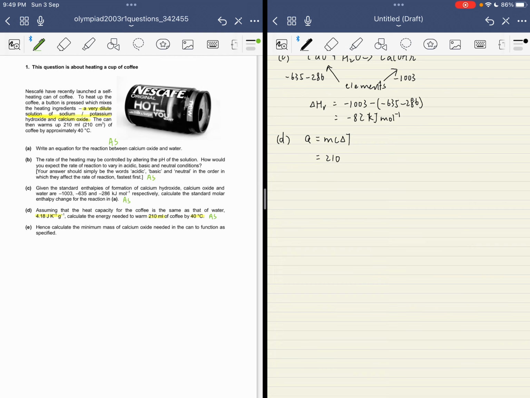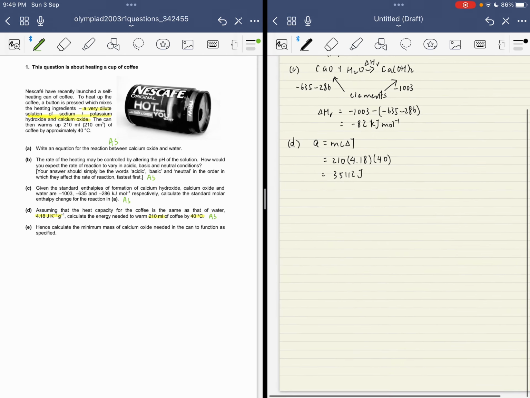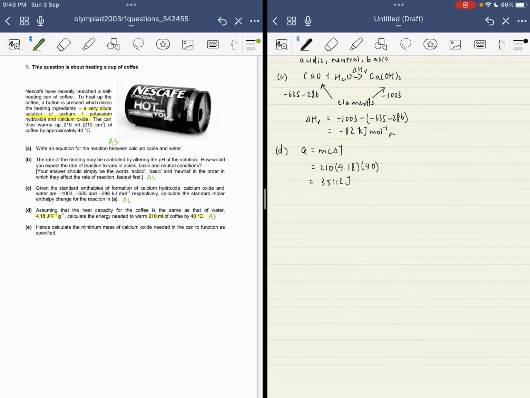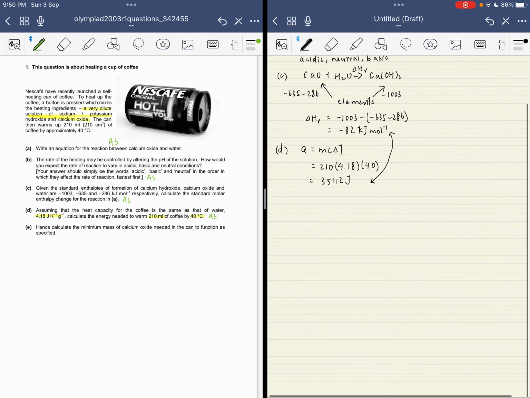So 1 millilitre will be 1 gram, so I will have 2010 grams multiplied by 4.18, then multiplied by the temperature change, which is 40 degrees Celsius. So I will have 35112 joules. Note that the units of the enthalpy change and the energy released here are not the same.